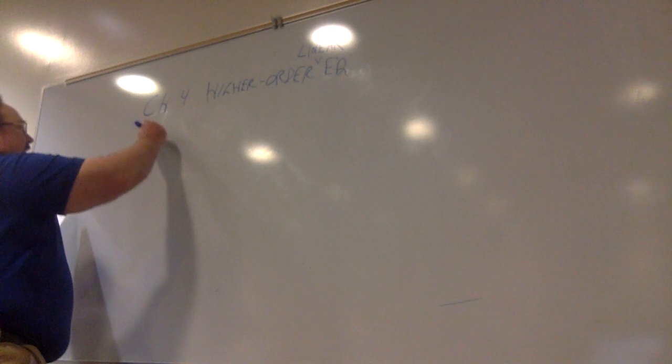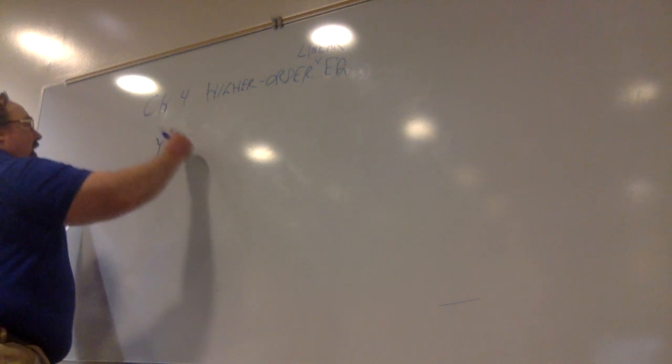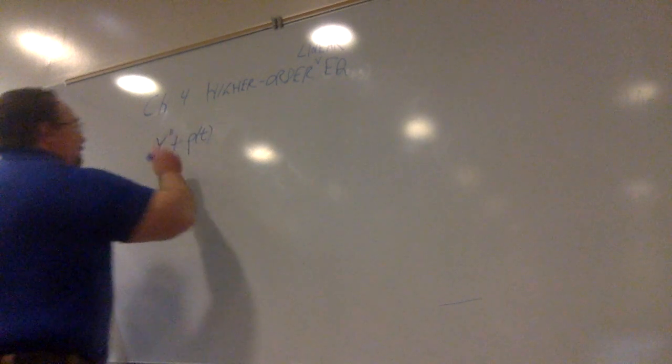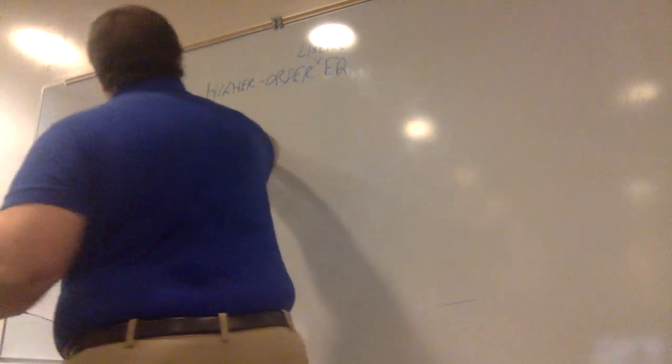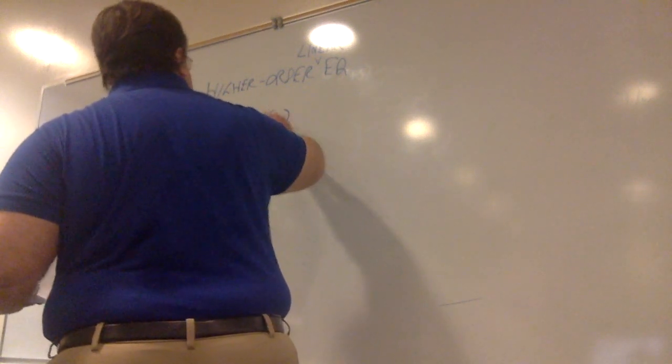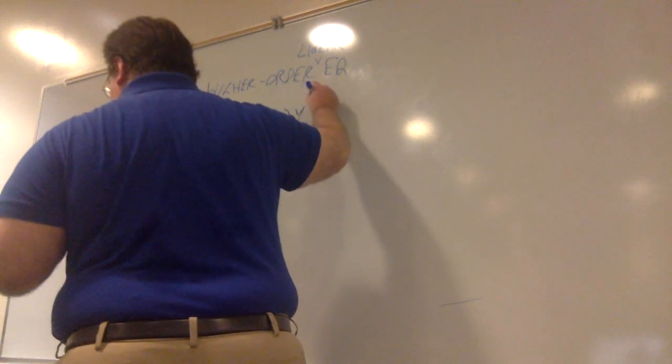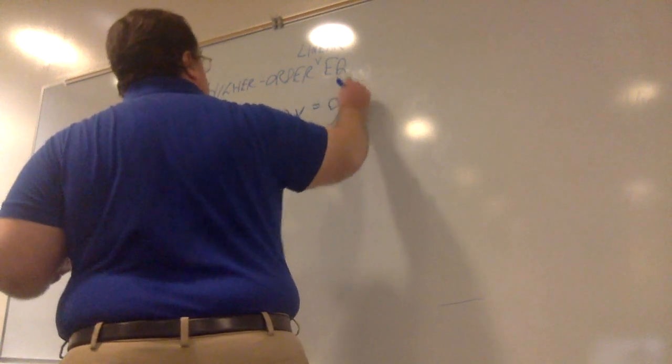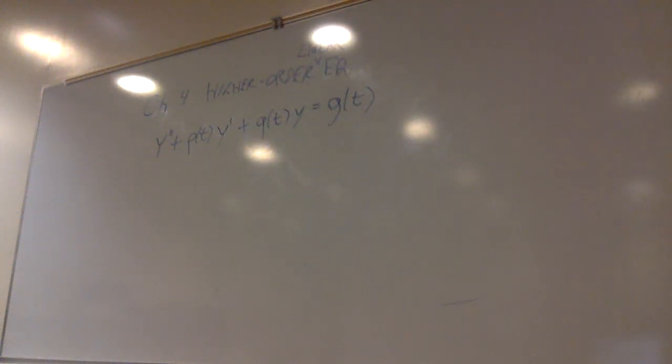So the problem we're going to be looking at is y double prime plus some function of t only, p of t, times y prime, plus some function of t only again, q of t, times y, is equal to some right-hand side, g of t. So it's somewhat similar to the linear equation you saw for first order. You had y prime plus p of t y equals q of t.